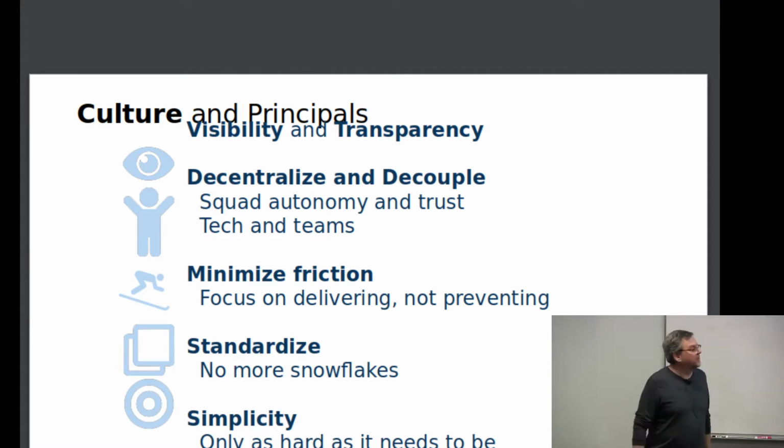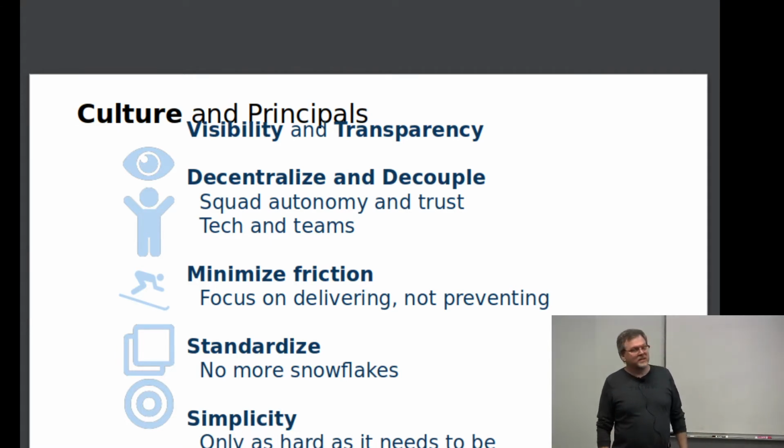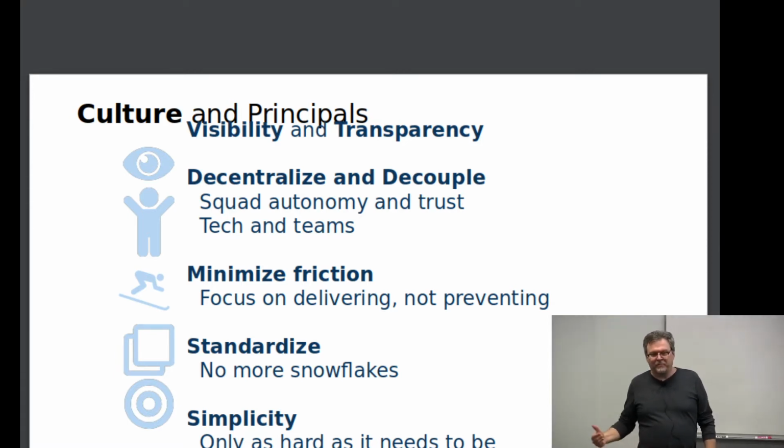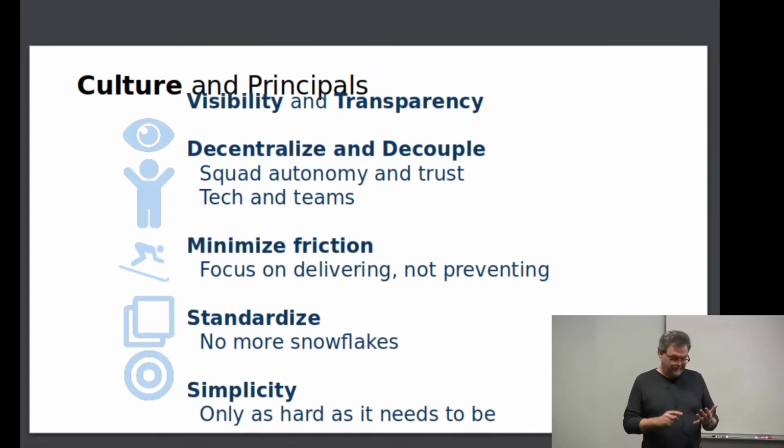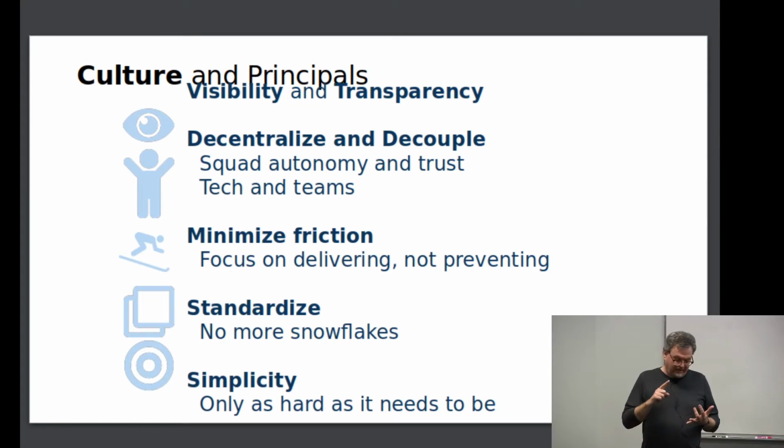Second was to decentralize and decouple, to give our squads some autonomy and some trust. So it inevitably comes up, how do I prevent Adam from putting something out that doesn't work? You give Adam the tools to test it well, to detect that he's put something out that's bad, and to fix it quickly.